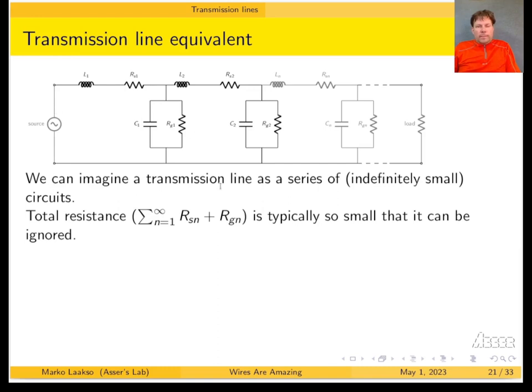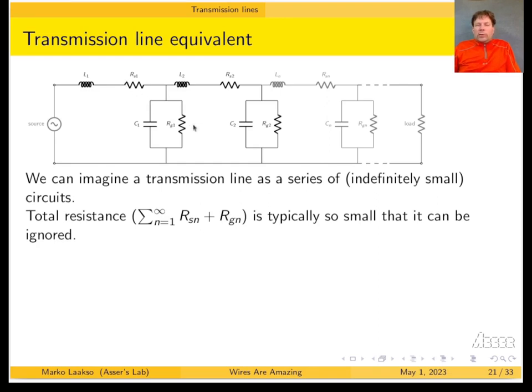Here's a transmission line equivalent circuit. You can imagine that this coaxial line, for instance, is an infinite series of blocks of this kind, where we have an inductor, then we have a series resistor in here, then in parallel to the outer shield we have a capacitor and then a parallel resistor in here.